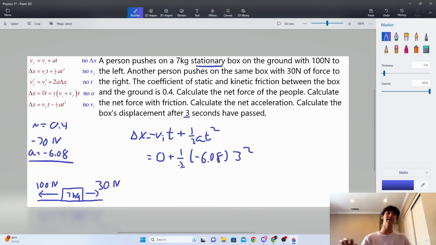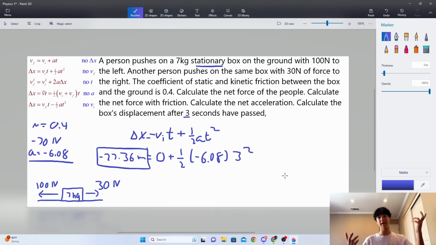So 9 times 1/2 is 4.5, and then 4.5 times negative 6.08 is going to be negative 27.36 meters. So that is the total displacement of the box. And that's it.